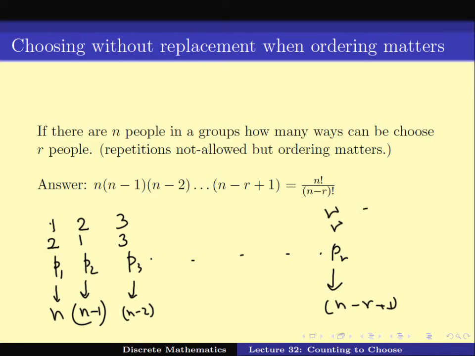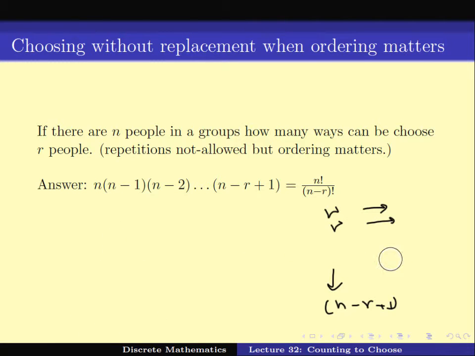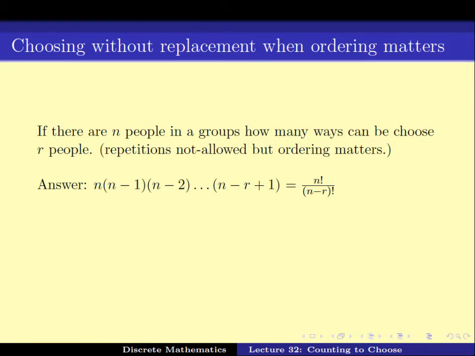So these are two different ways of assigning people, because these two positions are distinct, I mean, the positions are ordered. So P1 and P2 should not be mixed with each other. And as you can expect, since I am not allowing repetitions, this is also called choosing without replacement.